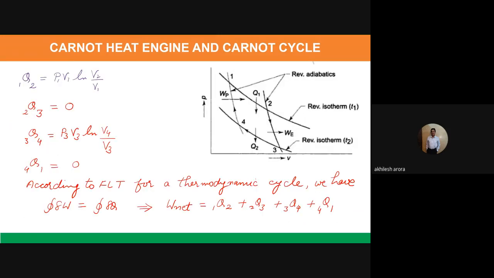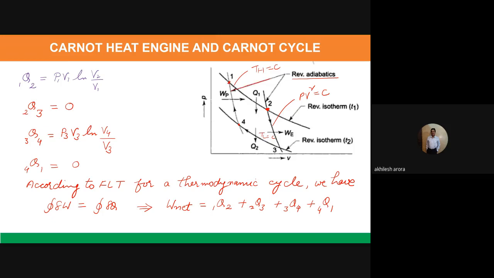This is actually a larger diagram. You can see process 1 to 2, the temperature TH is constant. Process 3 to 4, temperature TL is constant. If you see this particular process, it's a reversible adiabatic process, and during this process PV raised to power gamma is equal to constant. And the process 4 to 1 is also a reversible adiabatic process.